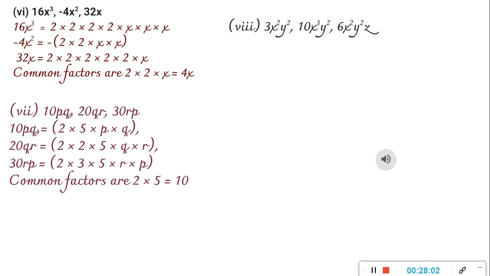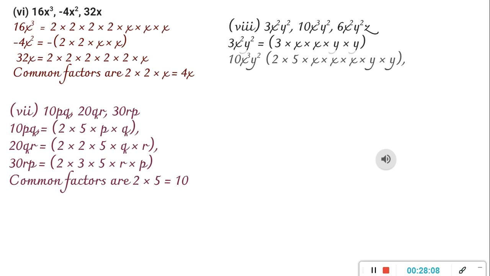So here 3x square y square is equal to 3 into x into x into y into y. 10x cube y square means 2 into 5 into x into x into x into y into y. 6x square y square z is equal to 2 into 3 into x into x into y into y into z.